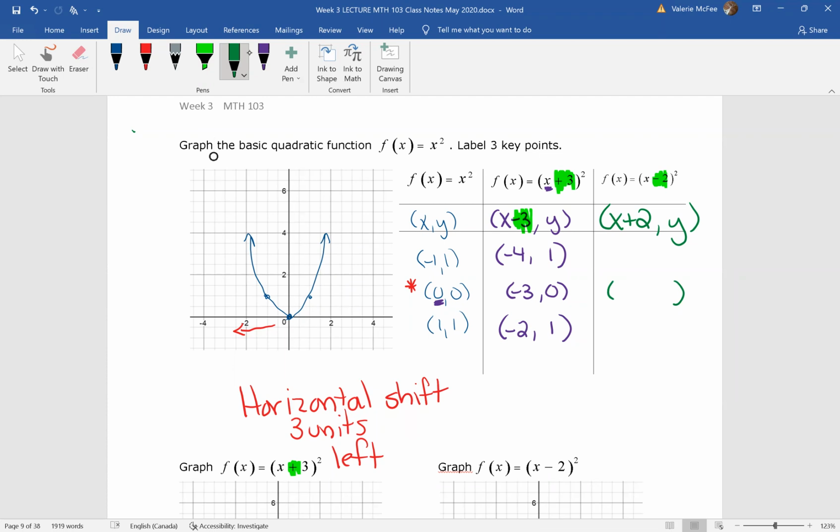If y stays the same, we want y to equal 0. If x is 2, will y be 0? Yes. We know that we have to add 2 to get that 0. So back to our original function, -1 + 2 is +1. Y stays the same. And our last point here, x +2, 3, y stays the same.